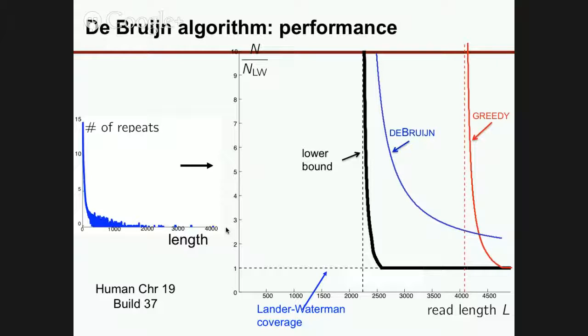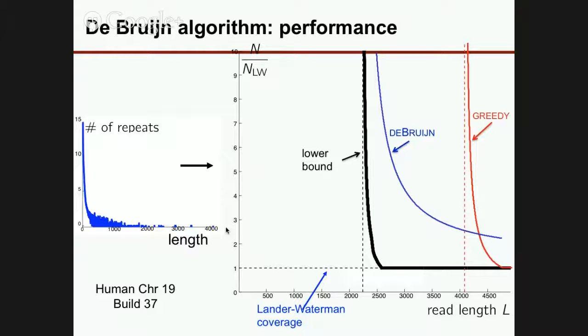You can't really see it here, but believe me, when you plot this curve and go up to the next floor of this building, you will hit that black curve. So asymptotically, as the number of reads goes to infinity, the blue is good. However, for finite read lengths, the coverage required is much larger than the lower bound.